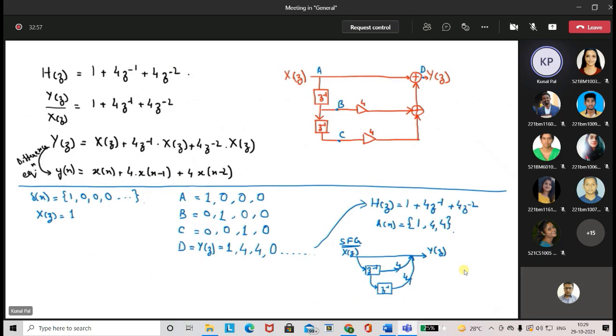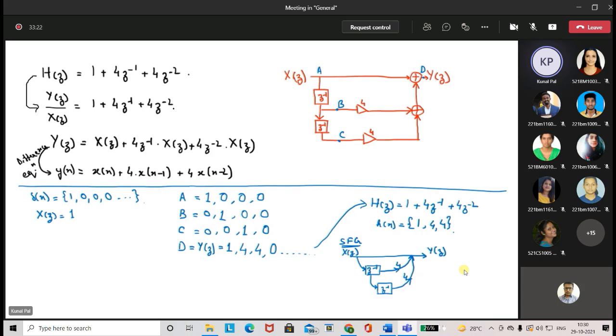So let's move forward. Let us take this example. H(z) equals 1 plus 4z to the power minus 1 plus 4z to the power minus 2. As I told you, H(z) is given by Y(z) by X(z), which is equal to 1 plus 4z inverse plus 4z to the power minus 2.